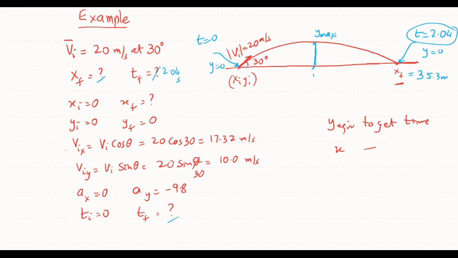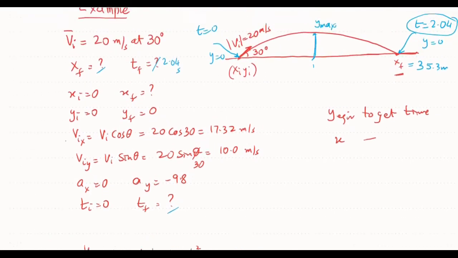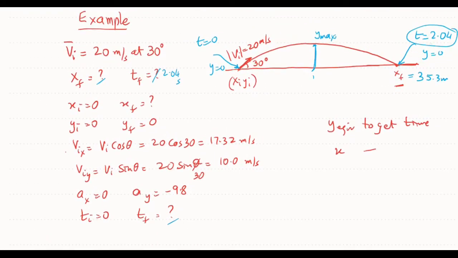Now we can use the Y equation and use T as half of 2.04, but let's suppose we don't know this time. So we'll find the T for here, and once we have the T, we can find the X, which is half of XF, and we can then find the Y max.